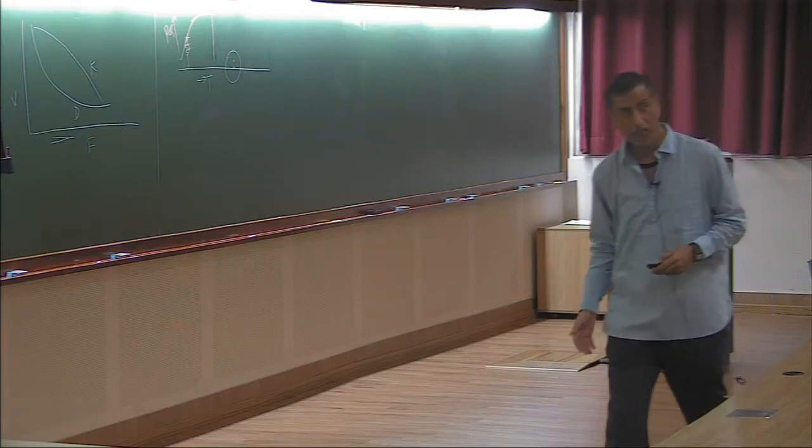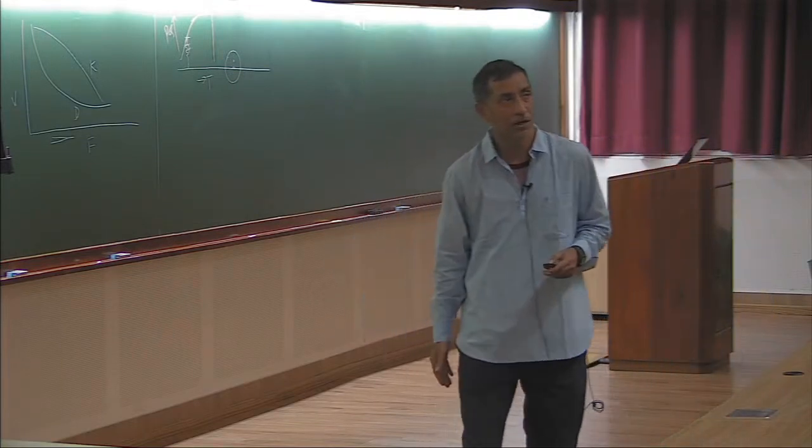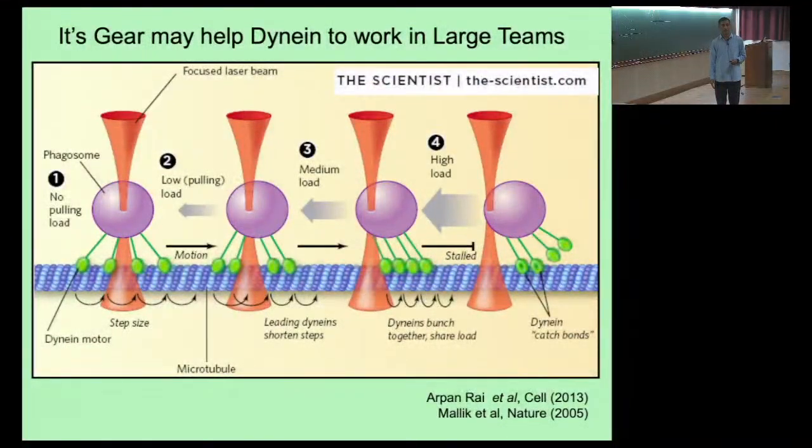So they take steps of different sizes. The leading motor reduces its step size quickly, goes slow, and waits for the others to catch up, and then they may bunch together. Based on this kind of force velocity curve, this might allow these motors to work better in a team.